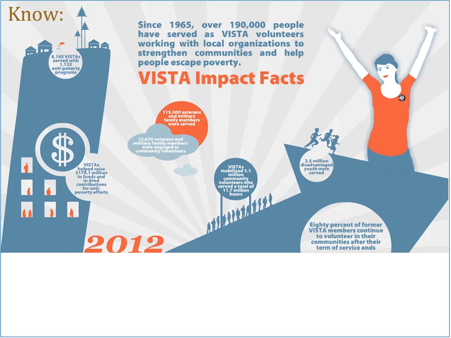Also, they have served 115,000 veterans and military family members. VISTA members also promote community volunteerism, and if you look at the past facts, they have mobilized 1.1 million community volunteers who have contributed a total of 11.7 million hours.